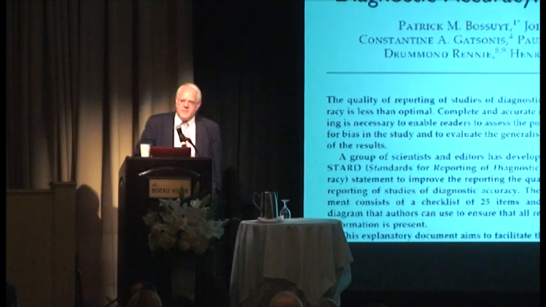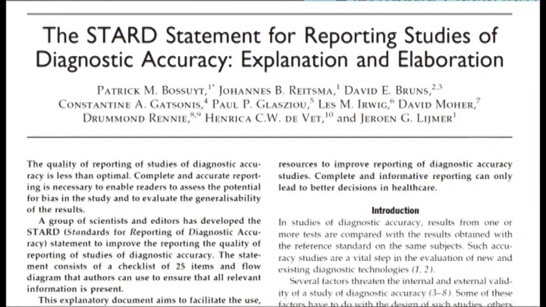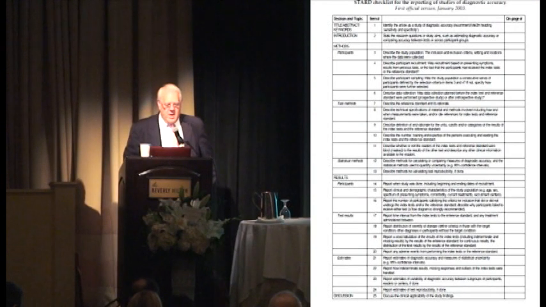A spin-off of the Cochrane collaboration is this STARD statement for the reporting of studies on diagnostic accuracy in imaging tools. Like the Cochrane collaboration, this statement lists 25 items that should be listed in every imaging study that's done. We obviously don't have time to go through all of these, but every single one of them is important.